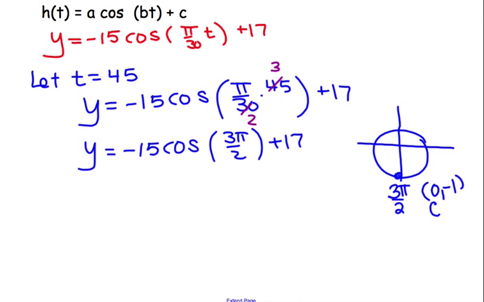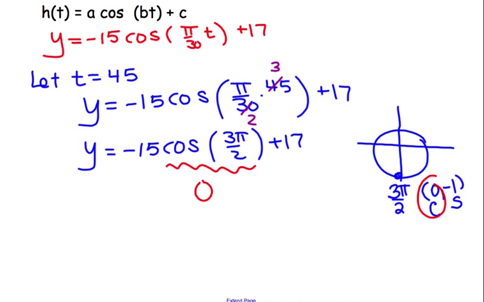Remember, the cosine represents, for 3 pi over 2, 0. The sine of 3 pi over 2 gives you a value of negative 1. So we can say that the cosine of 3 pi over 2 is a value of 0. So we're going to substitute that in.